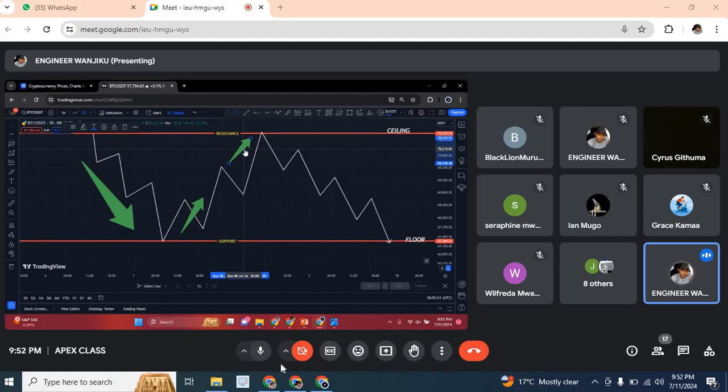Also, you can describe a resistance as the zone to which we expect to experience selling pressure. Basically, that is what we call a resistance and support level.